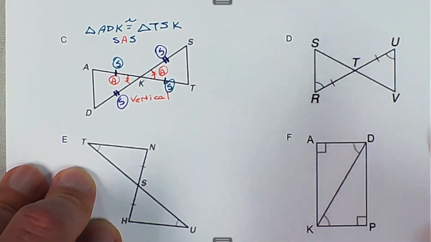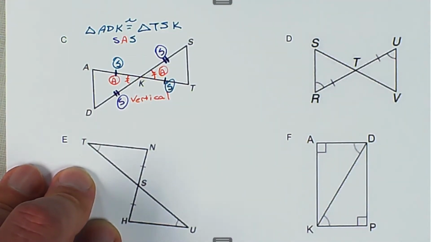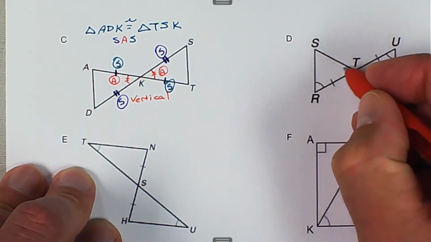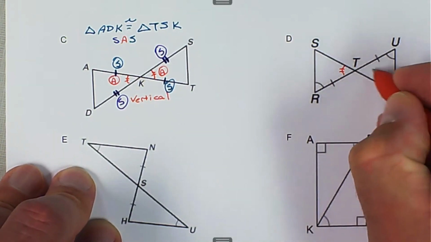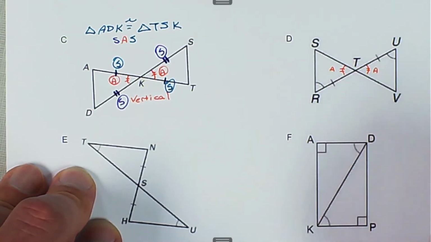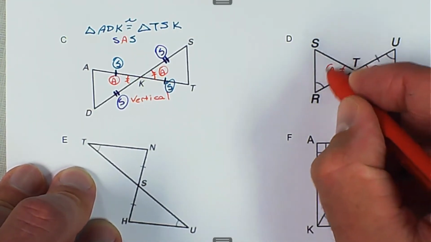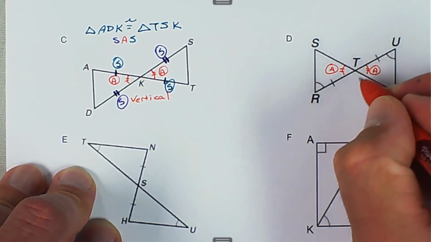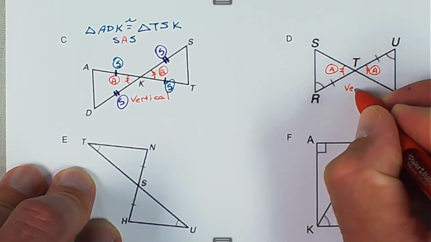Next we look over here, and again we have vertical angles that we should pay attention to. So these are angles that we're going to use, and the reason that we can say that is because those are vertical.